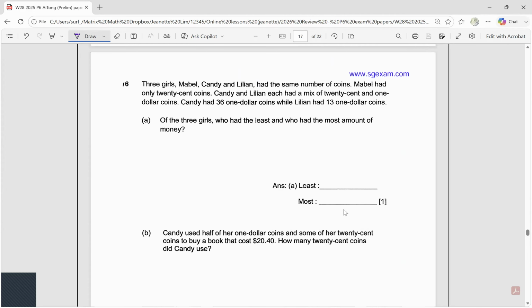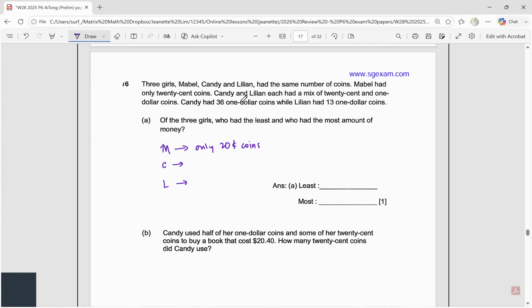Okay, let's just record down what the question said. Mabel, only 20-cent coins. Then Candy and Lillian, they have 20-cent and $1 coins.